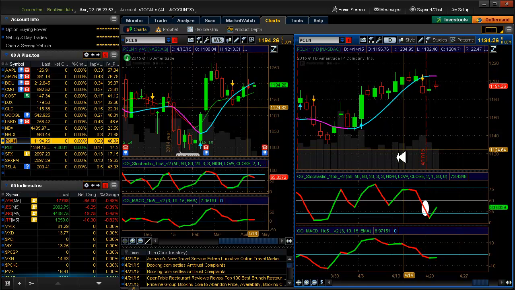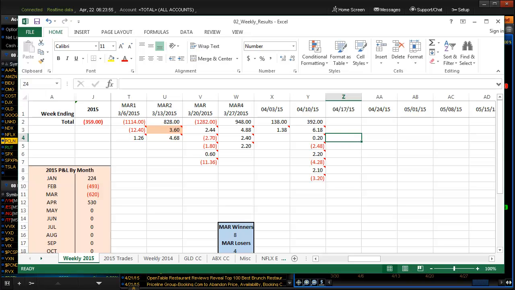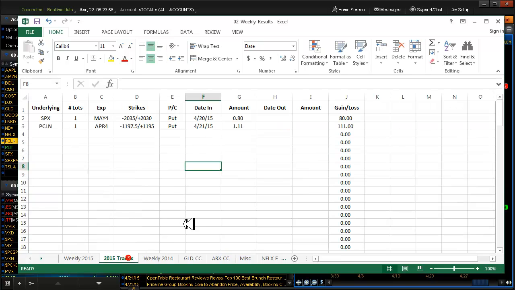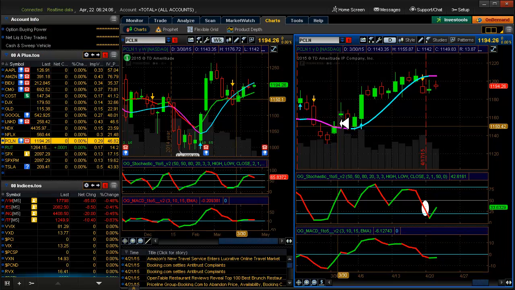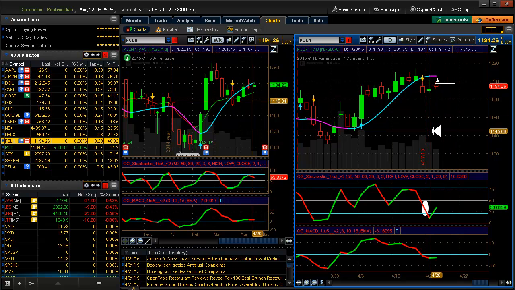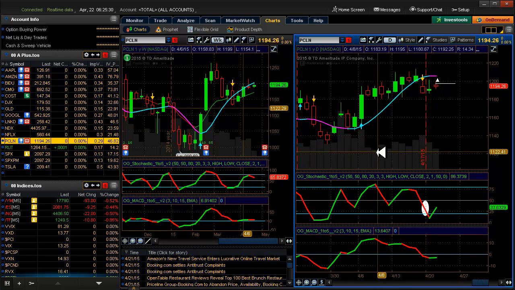Okay, so where's my short? Price line, the short's at 1197.5. Alrighty, so this is what it looks like, thanks to the magic of the pause button.